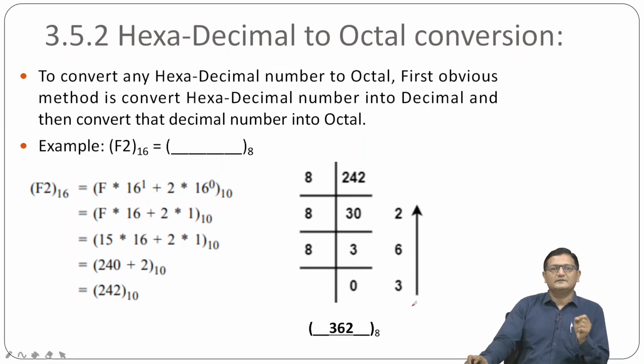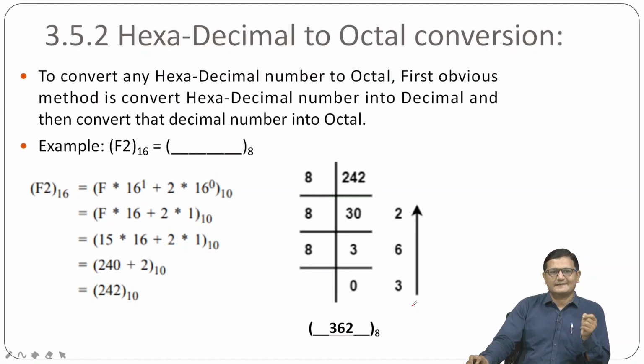We use 16 because we are converting a hexadecimal number, and the base of the hexadecimal system is 16. So 2 is multiplied by 16 to the power 0, and F by 16 to the power 1. Now 16 to the power 0 is 1, so 2 into 1, and F into 16, because 16 to the power 1 is 16.